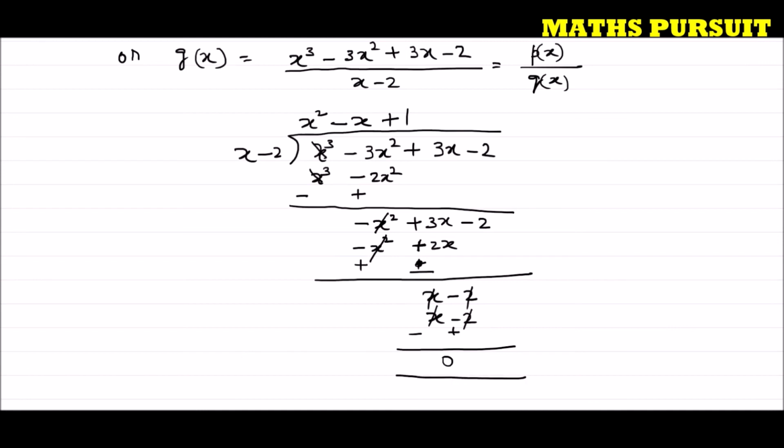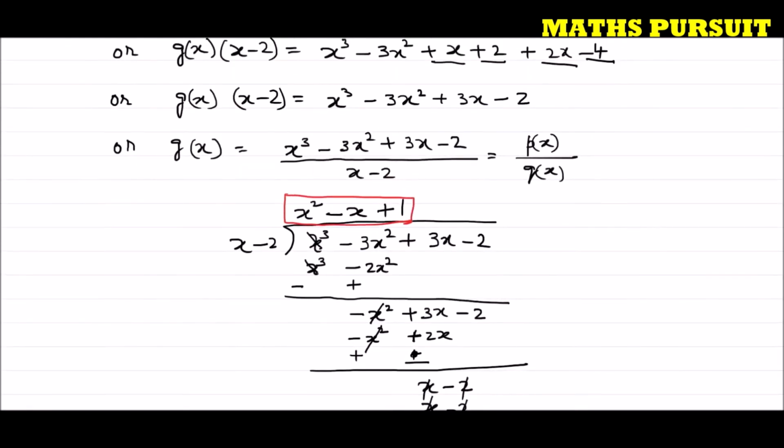Now what is the result of this division that we got? The result of this division is not this one. The result of this division is this one. Look at the question here. The result of this division is this quotient. Now what we did here, if you look above, we divided px with qx, and the result that we got is x to the power 2 minus x plus 1.